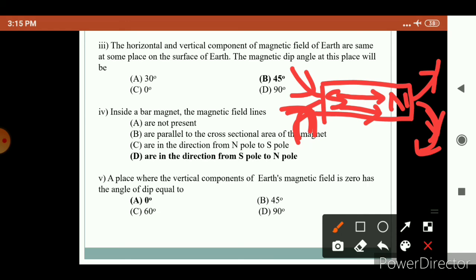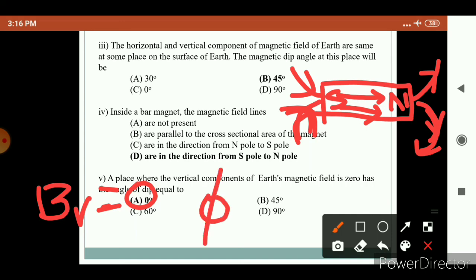Last special case: anywhere on the magnetic great circle, the resultant magnetic field B is equal to the horizontal magnetic field, and BV becomes 0. At that time the angle of dip phi becomes 0 degrees. Okay.